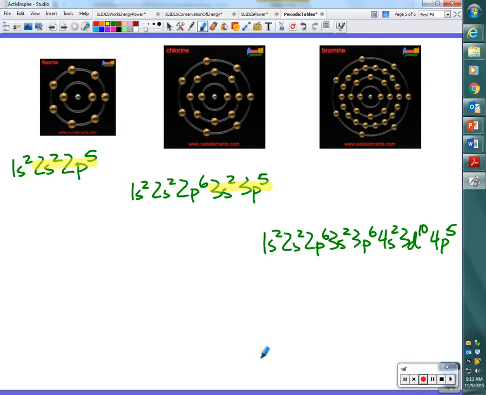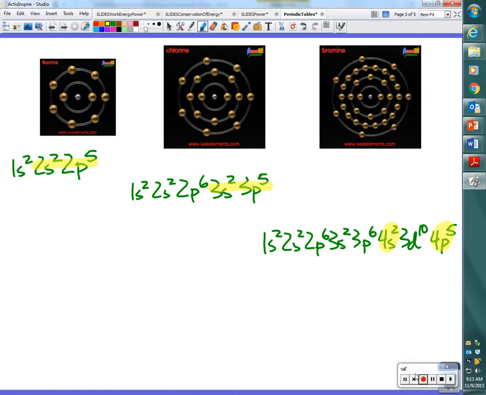And then, and this one gets even trickier, bromine, 35 total electrons. What is the highest principal energy level? 4. But some of them are here, and some of them are here. How many valence electrons does bromine have? 7, even though the electron configuration has them broken up.